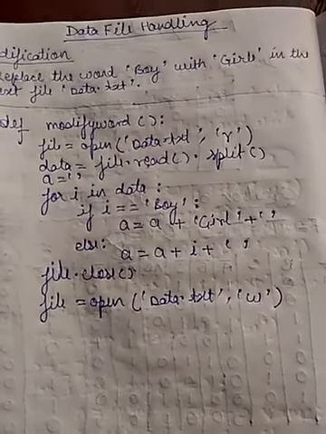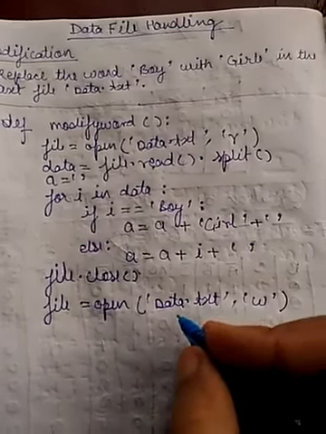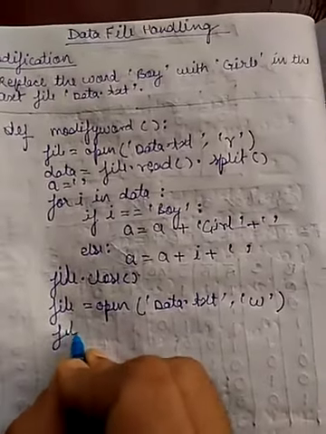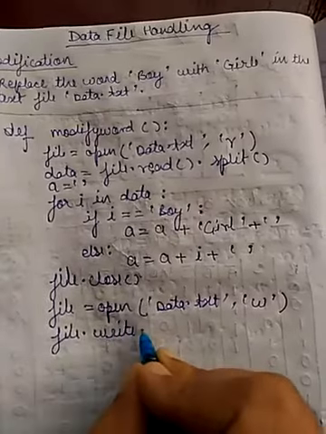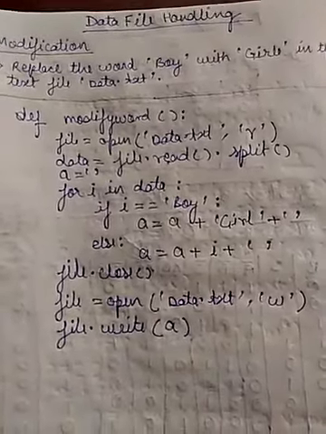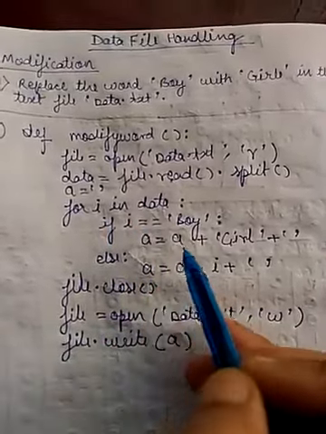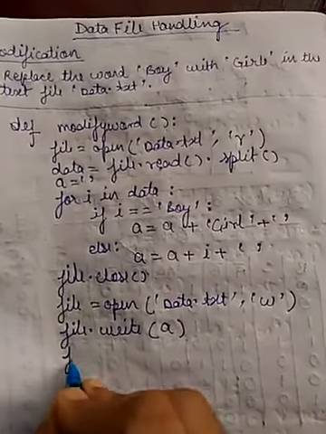So the existing file will be replaced with the new file, that is data.txt. Now that is a blank file. Now simply file.write(A). We have written A, in which we have already changed the word boy to girl.